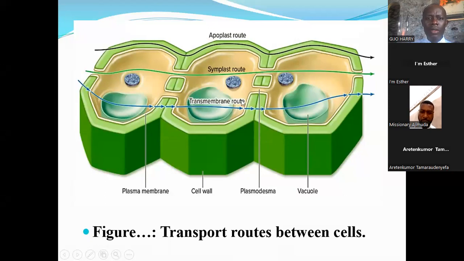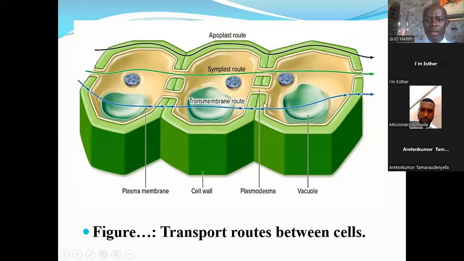Now, one of them that we have discussed is the apoplast route, where the water moves through the cell wall, and between cells. Then we have the symplast route, where the water moves through the cytoplasm, through the plasmodesmata.